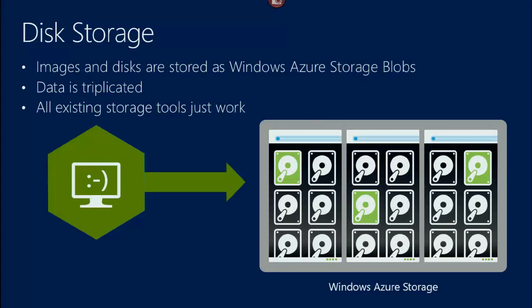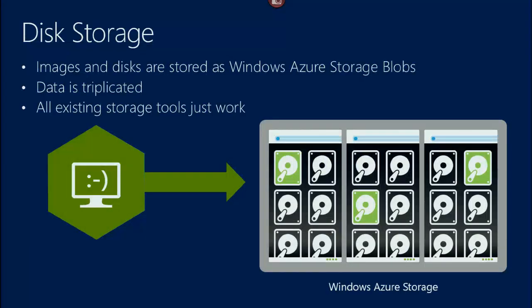And here's an example of what we get out of leveraging Windows Azure Storage: the durability. When you write to a blob, it gets triplicated on the back end to 3 different servers. So this can tolerate multiple failures without you losing data. And there's asynchronous geo-replication as well that occurs.